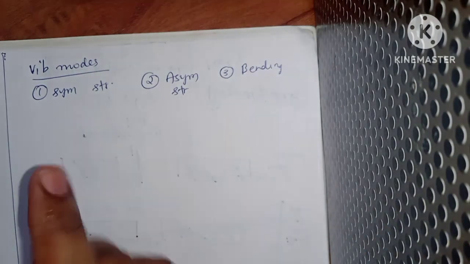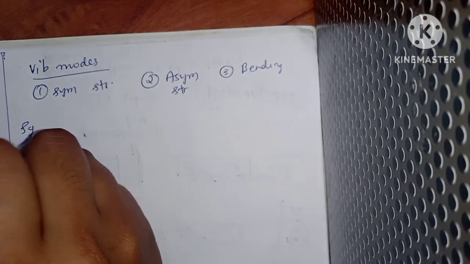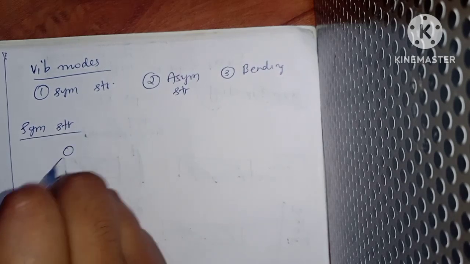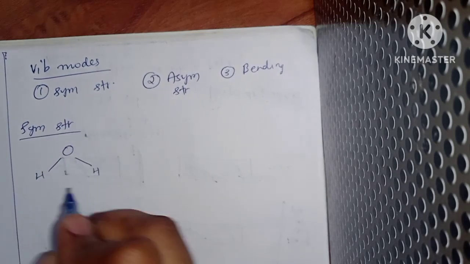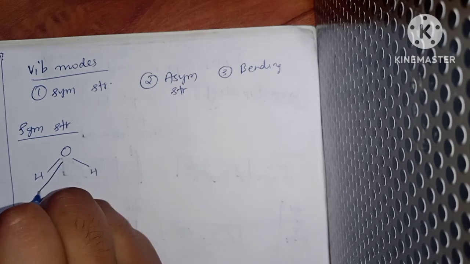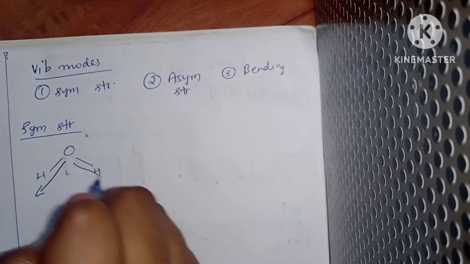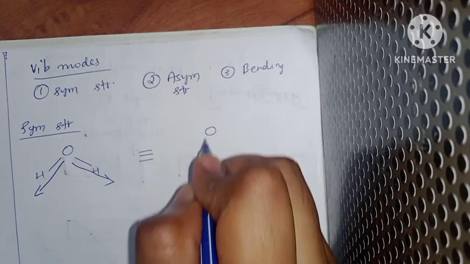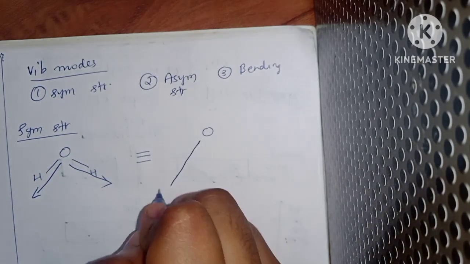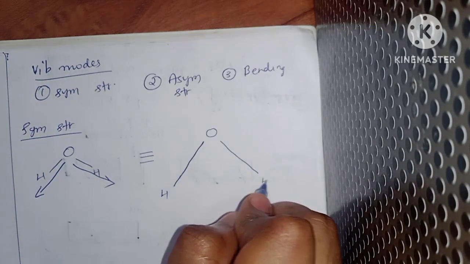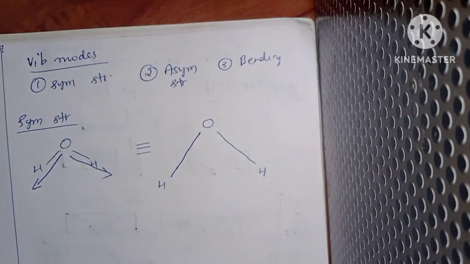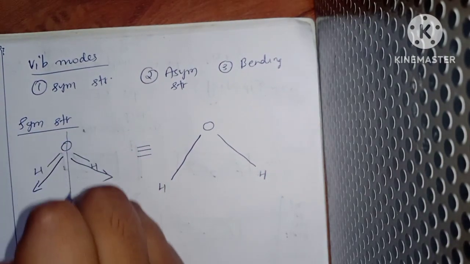Here only 1 bending. So first we consider symmetric stretching. So this is the H2O molecule. Symmetrically means if this bond is pulled away, this also is pulled away. So after vibration, this bond is lengthened. The principal axis for the H2O molecule is this axis.